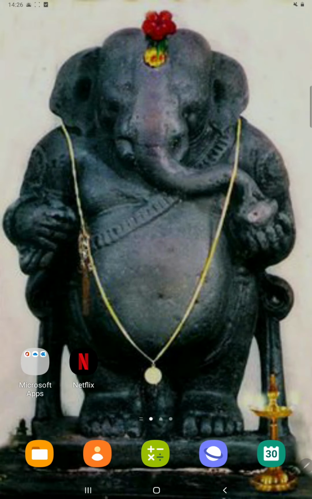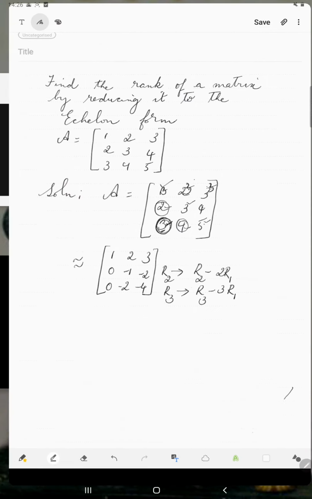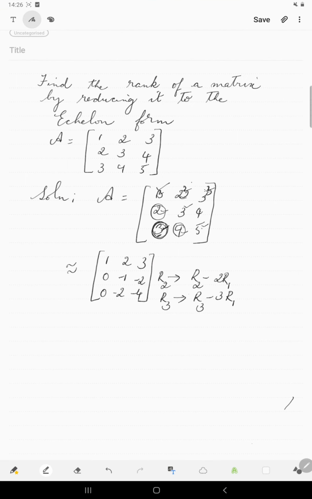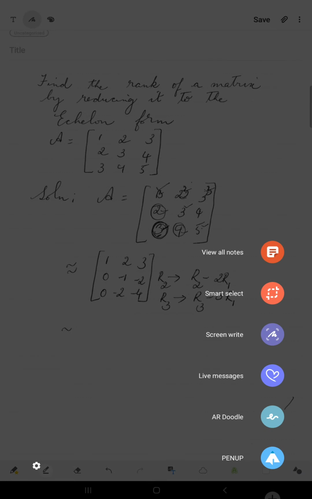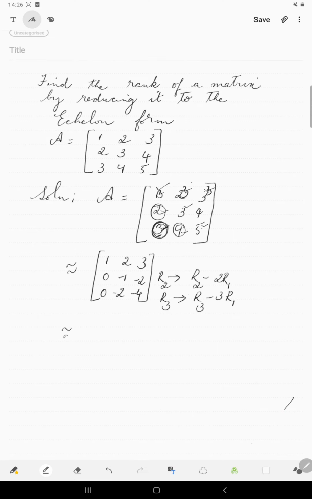Now what happens is, next we have 1, 2, 3, 0, minus 1, minus 2. So this number has to become 0. You have many ways of doing it. The method I am going to make use of is for the new row R3.